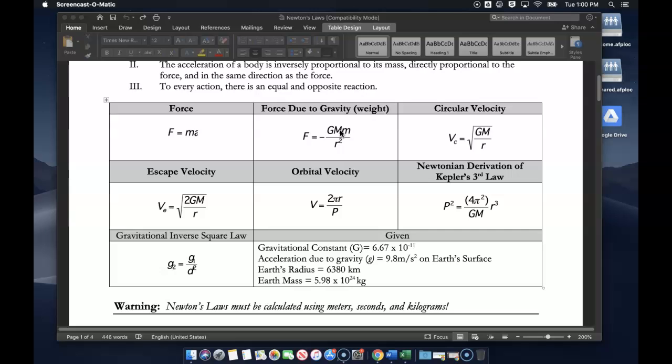In this case, it's a planet. And then little m, which is the mass of the alien, which in this case is 100 kilograms. And we're going to divide the entire thing by the radius of the planet squared.